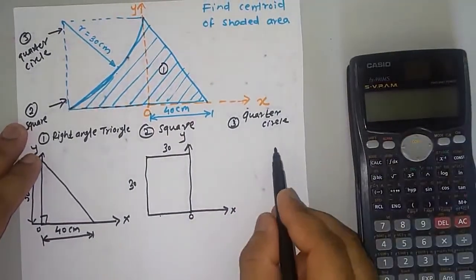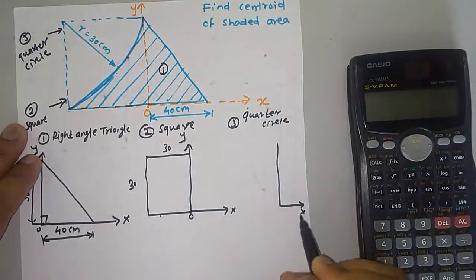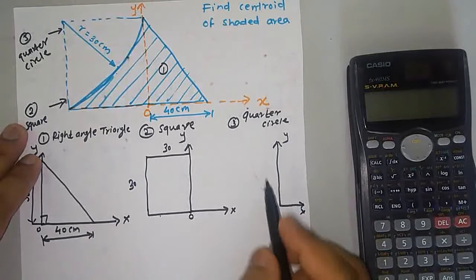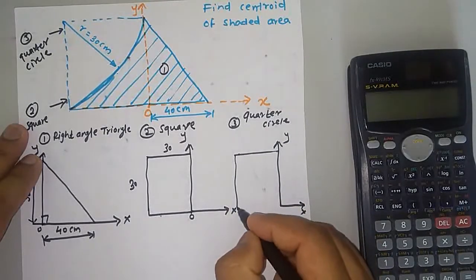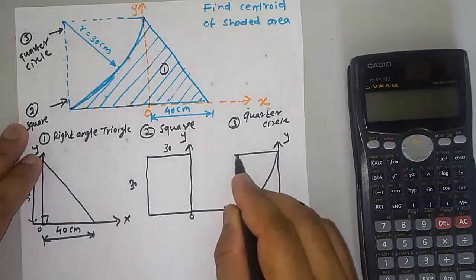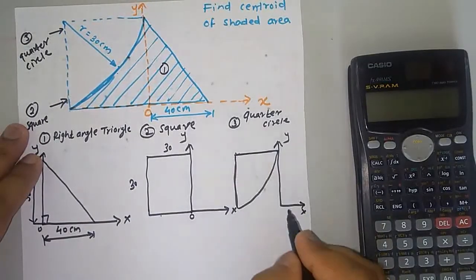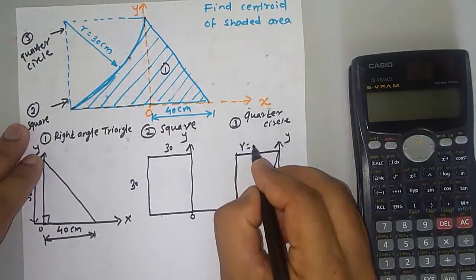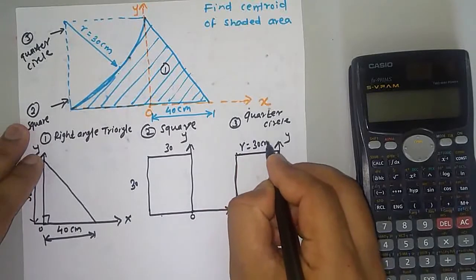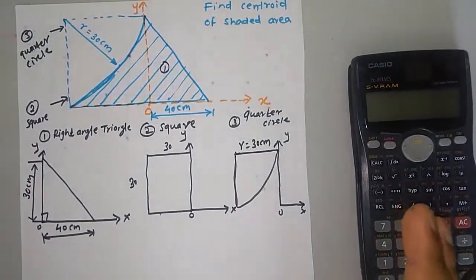Now draw this with respect to the axis. So x axis, y axis, and where is our quarter circle? Here it is. Here is our origin, and the dimension is R, the radius of this quarter circle, 30 centimeter. So these are the three parts.